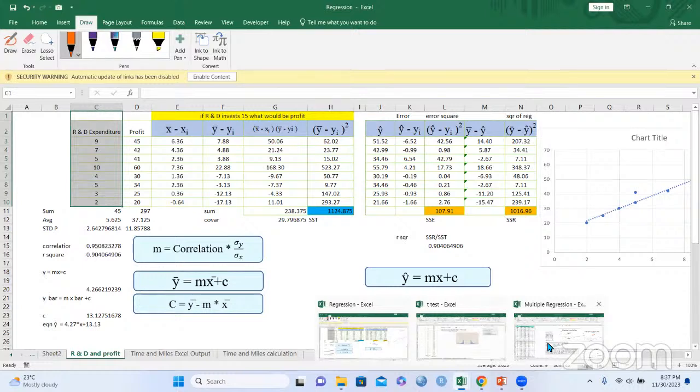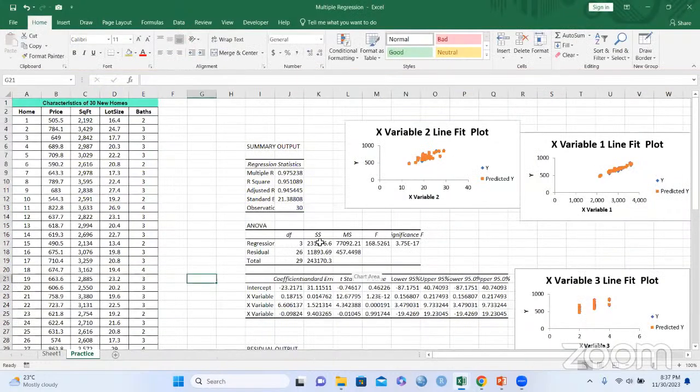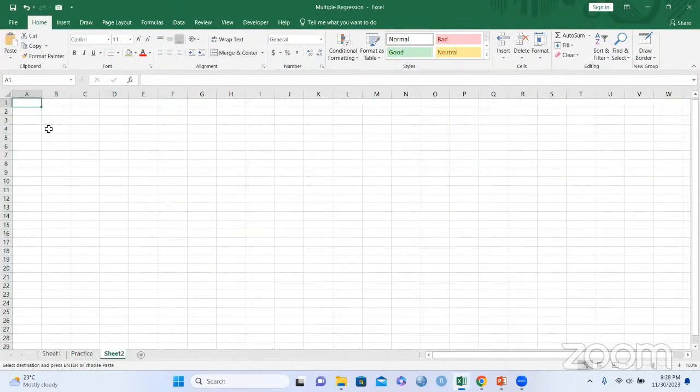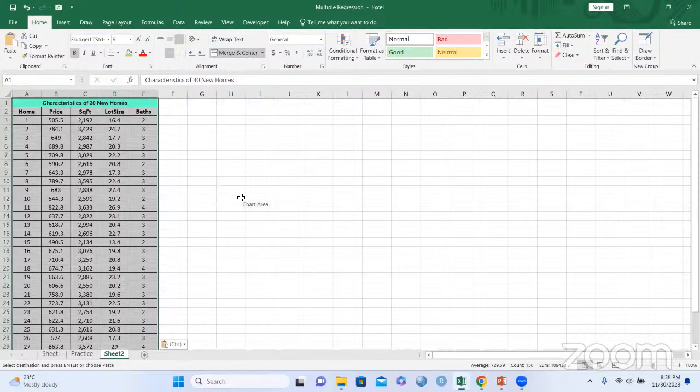Okay, so now I believe that you are okay with linear regression, which is caused by one variable. Here is a problem which is an example of multiple regression.